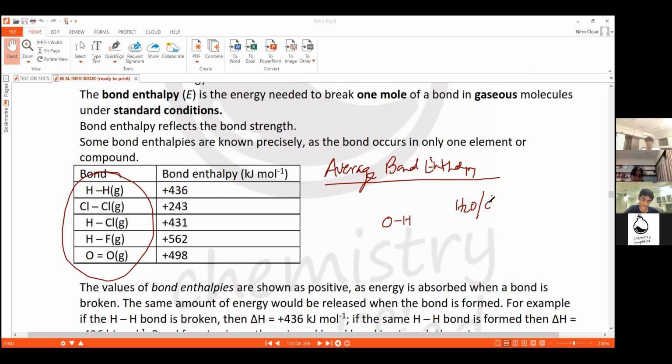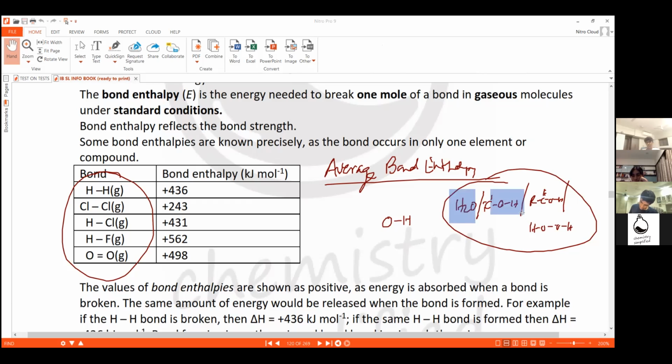All carboxylic acids, R–COOH, will have it. Hydrogen peroxide, H–O–O–H, will have it. And remember that in every example, the O–H bond present will be differently strong.